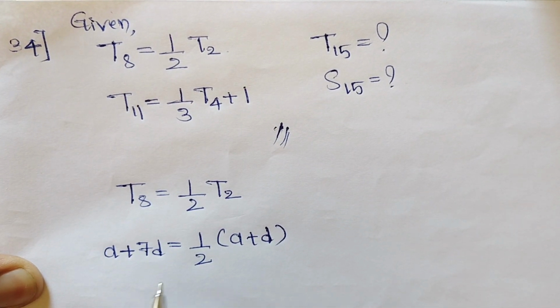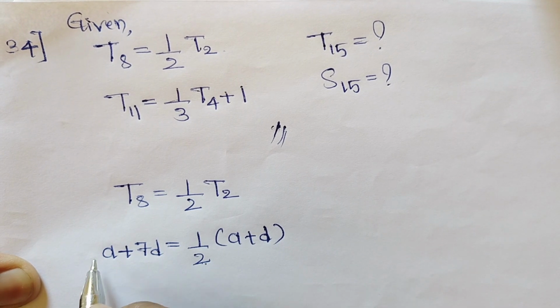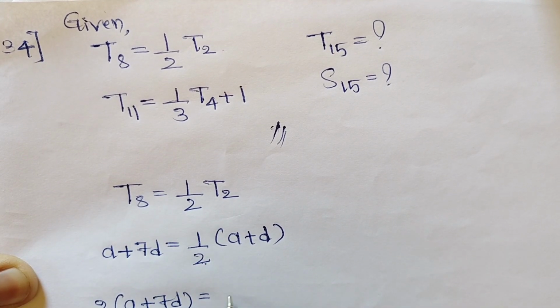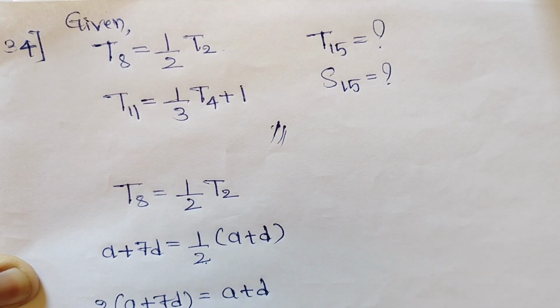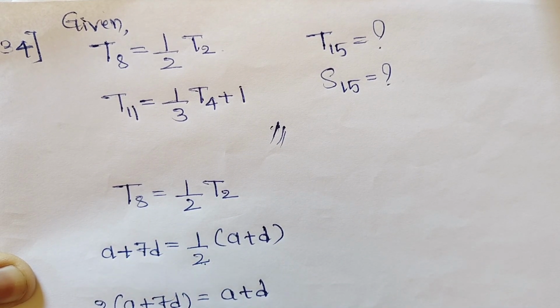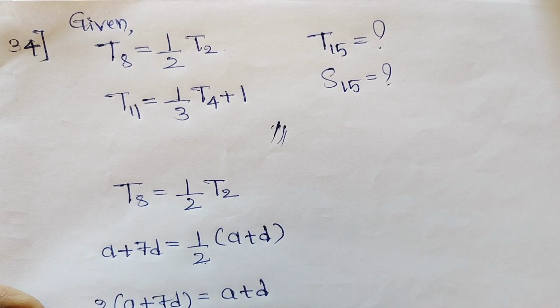When we take 2 to the left side, it becomes 2 times (a plus 7d) equals a plus d, and multiplying, it becomes 2a plus 14d equals a plus d.